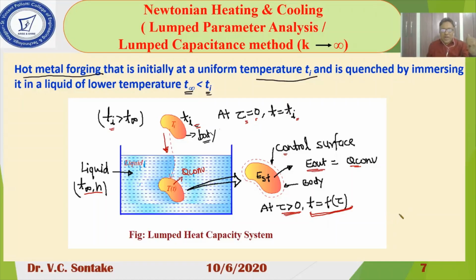So the rate of decrease in internal energy of the body is equal to the rate of heat transfer from the body by convection. This energy balance we have to apply to calculate this temperature T, which is a function of time tau.